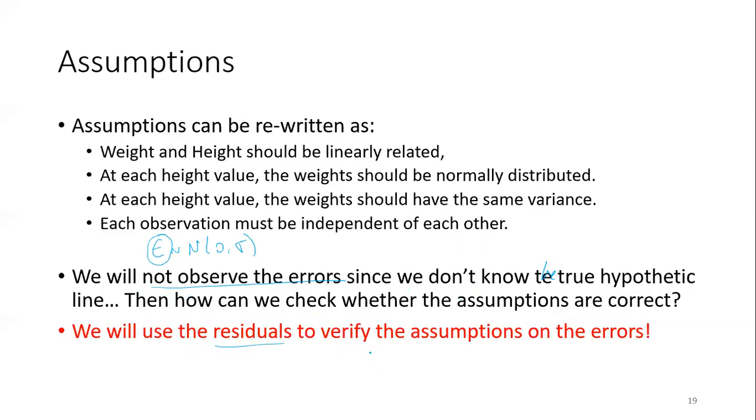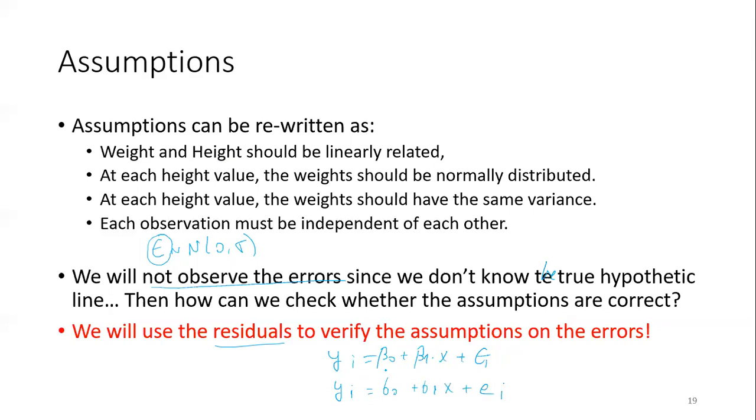Just remember our hypothetic line, beta 0 plus beta 1 times x plus epsilon. So this is my yi, epsilon i. I can just write it as b0 plus b1x plus the error terms.